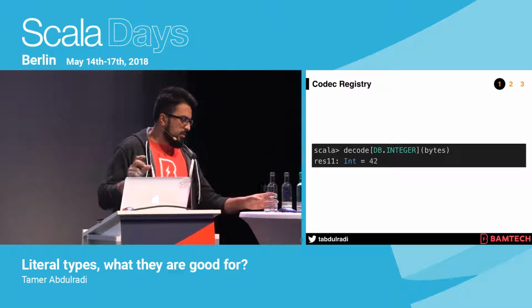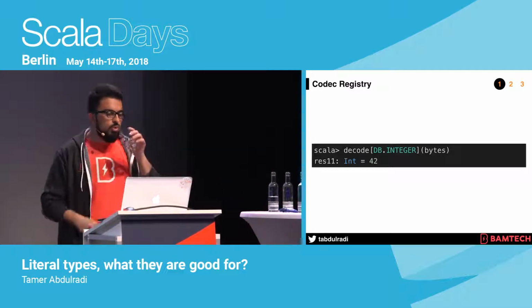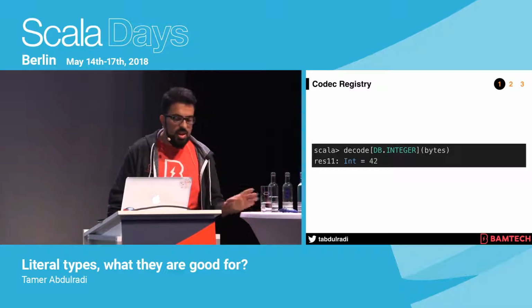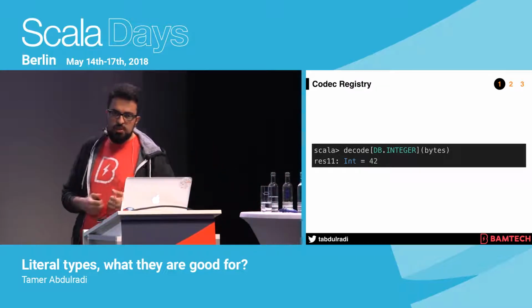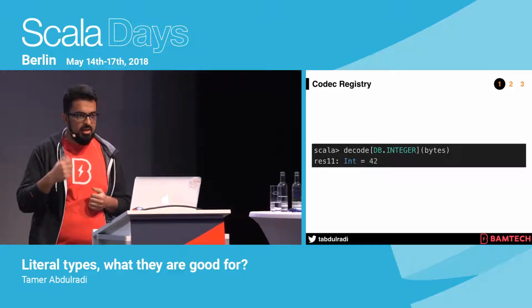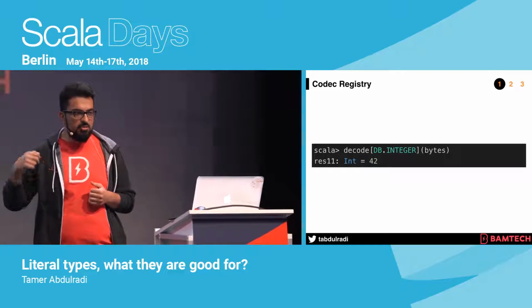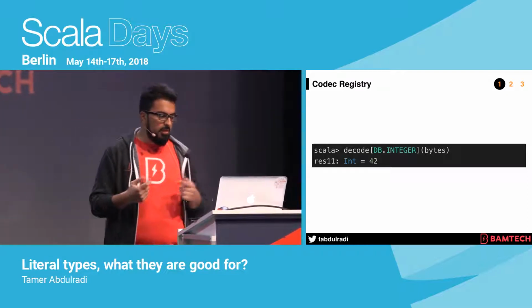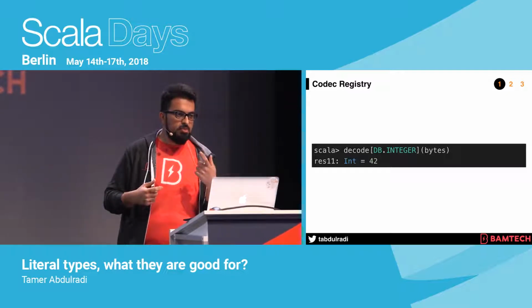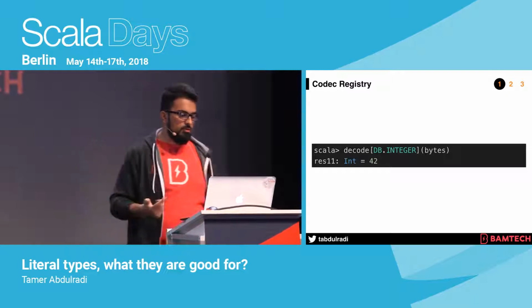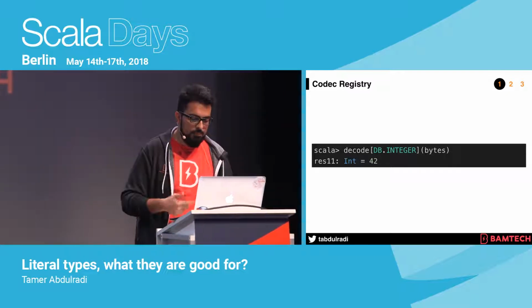So as a first step, let's build something a bit smaller. I want to implement a sort of codec registry. I want my driver to know about the database types and the associated Scala types for them. So for example, for integer, the type system should be aware that, oh, it has to be Int without specifying this information manually.